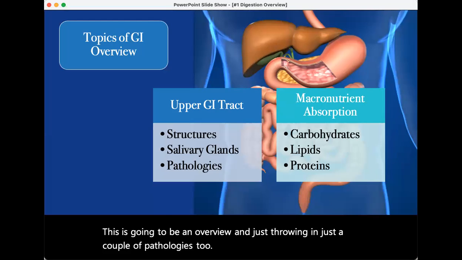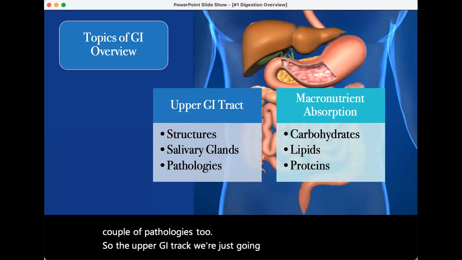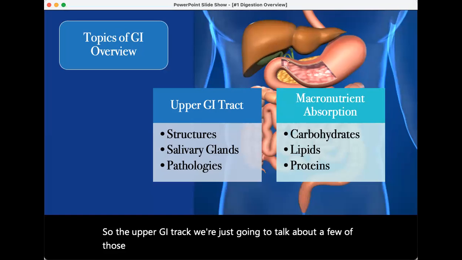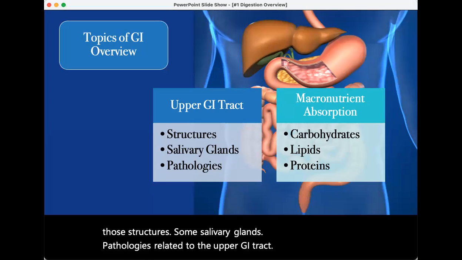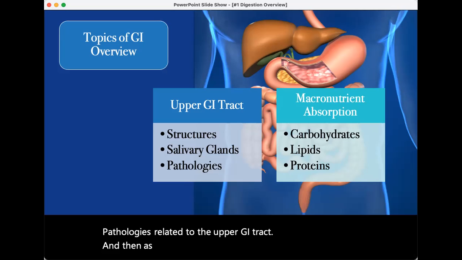So the upper GI tract, we're just going to talk about a few of the structures, some salivary glands, pathologies related to the upper GI tract. And then as an overview, I want to go through the macronutrient absorption of carbohydrates, lipids, and proteins, those three major groups.